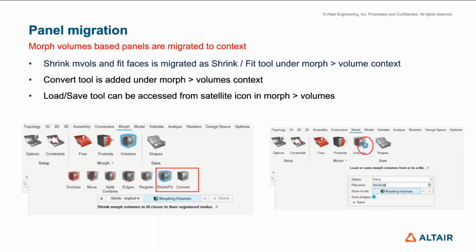There is a tool for us to update the morph volumes, or shrink them or fit them to the elements, or convert the morph volumes to solid elements, or vice versa, converting solid elements to morph volumes. We have also migrated the save and load morph volumes option as a satellite icon here, wherein you can select the morph volumes and save them, or you can load them.